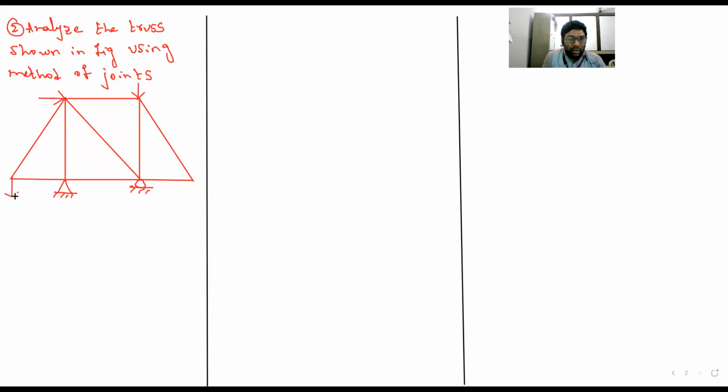These are the forces acting on the truss, and we also have truss dimensions.